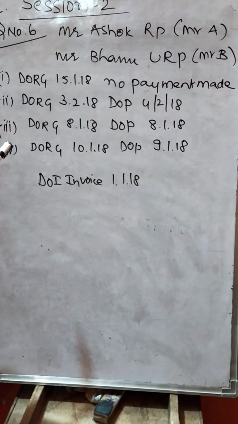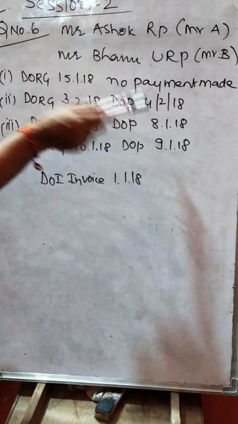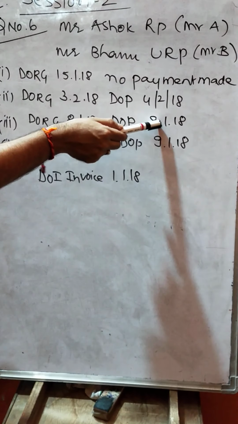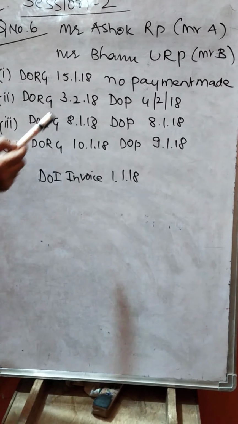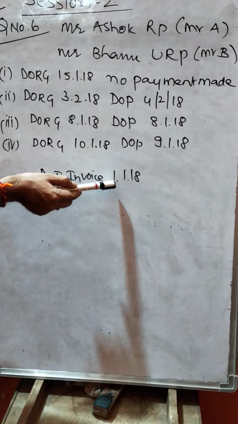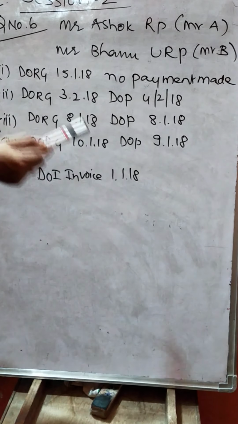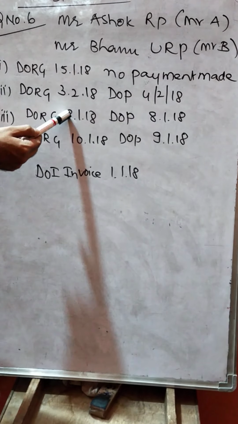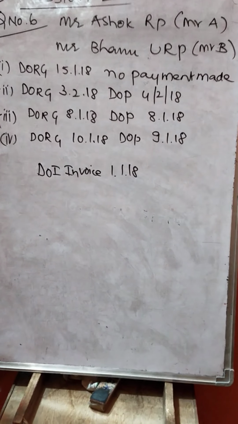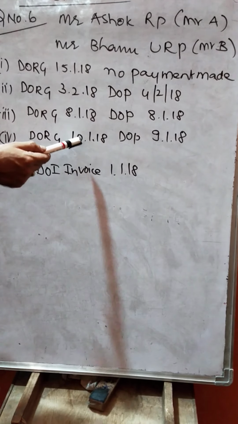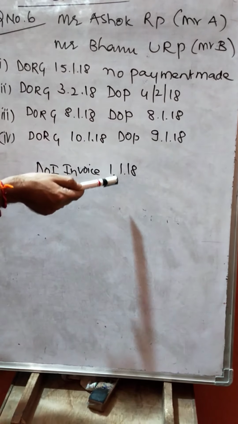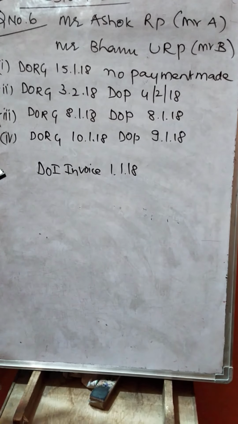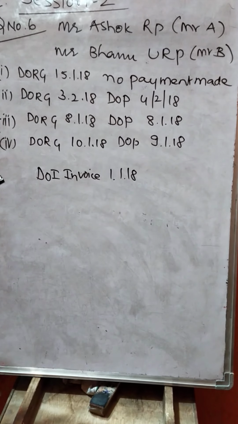Date of payment recorded, date of payment made on the same day, that is 8th January 2018. So 8th January, 8th January. So after adding 30 days to date of invoice, it will become 1st February or 31st January. Which comes earlier? 8th January. That can be taken as time of supply. So date of receipt of goods 10th January, 9th January, 31st January. So which comes earlier? 9th January comes earlier. So we need to consider whichever comes earlier.